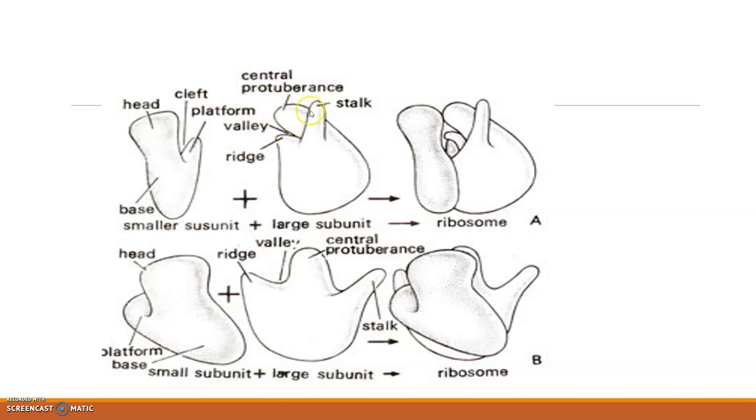The larger protrusion is called the central protuberance, and this finger-like region is called the stalk. So this is how they both assemble together. Smaller and larger subunit assemble like this.